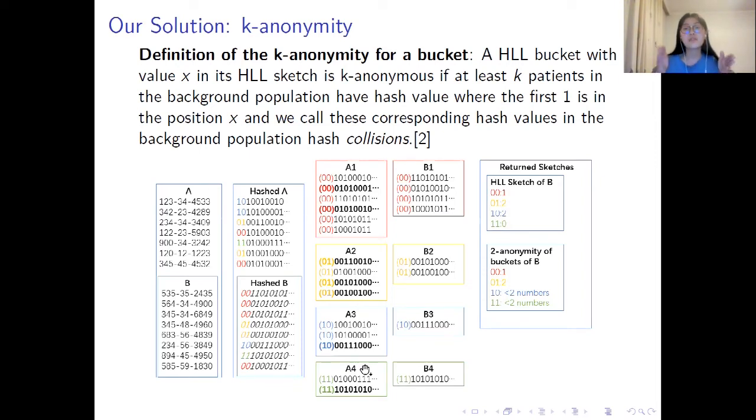If we consider 2-anonymity, so we set k as 2, because our example is very small. But in practice, k can be chosen as 10 or an even bigger number. So for 2-anonymity, the first and second buckets, B1 and B2, are 2-anonymous because there are at least 2 collisions. But B3 and B4 are not 2-anonymous because there's only 1 collision.